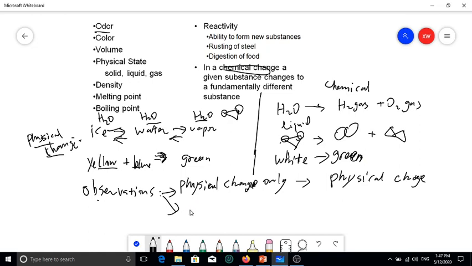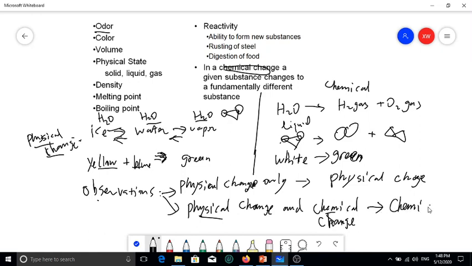So you see physical change accompanied by chemical change. You see both, and you believe that physical change is caused by a chemical change, then you should identify this as a chemical change.